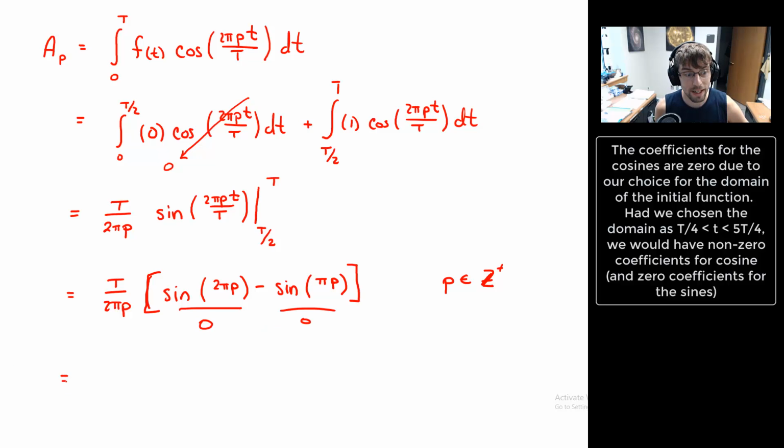And so at the end of the day, we get that the coefficient for the cosine term is 0. Okay? And note that this is for all possible values of p. We didn't specify a single value. We did it generically for any p. We could plug in 1, 2, 3, etc.